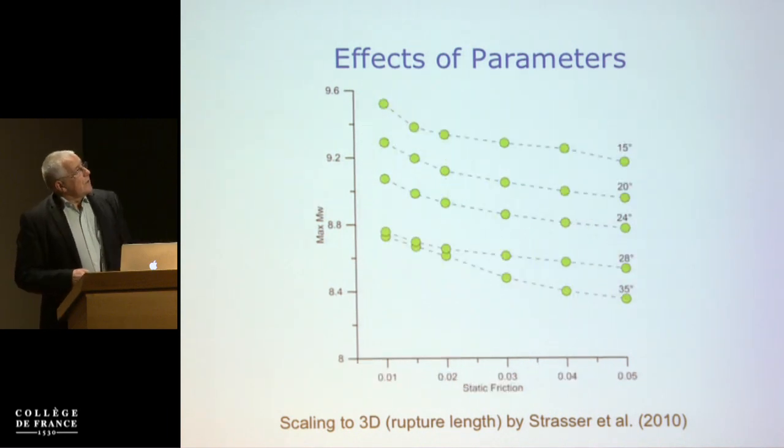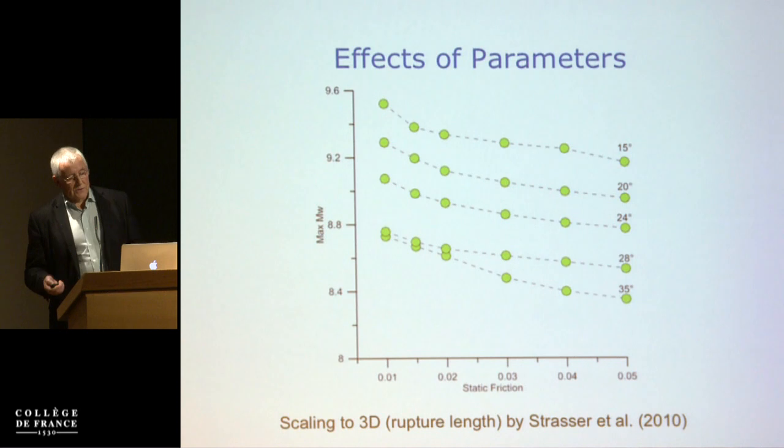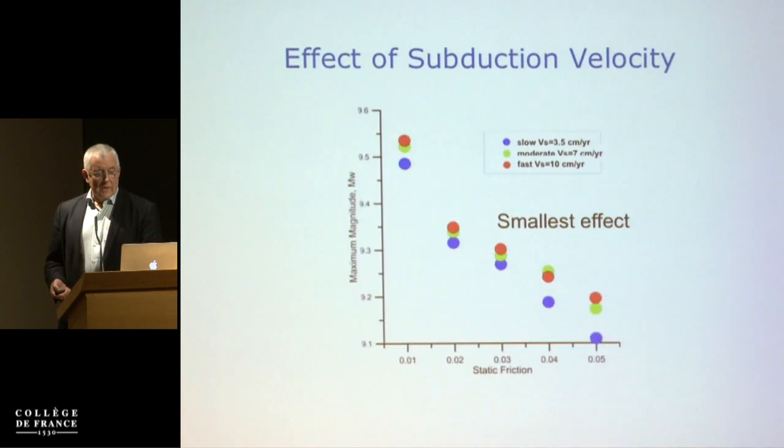You can look again at this. This is one particular subduction geometry with different angles of subduction here and different friction coefficients. Again, you see that subduction geometry is the major effect.